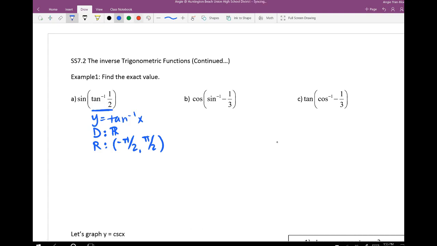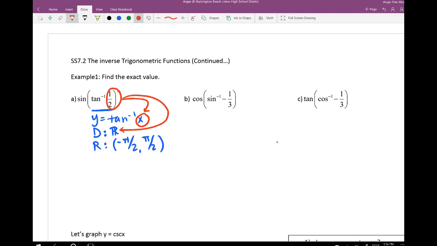So when I look at x, which is a half, I know it's going to have an answer. Since half is a real number, whatever the answer is, I'm going to have one. So that's exciting on its own, right?